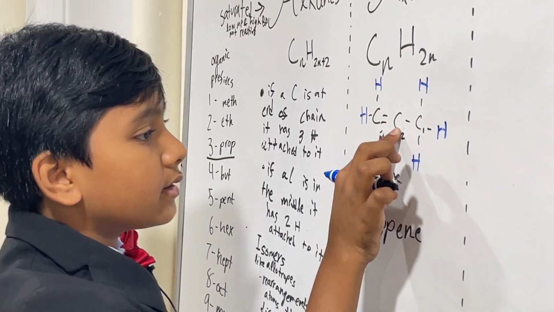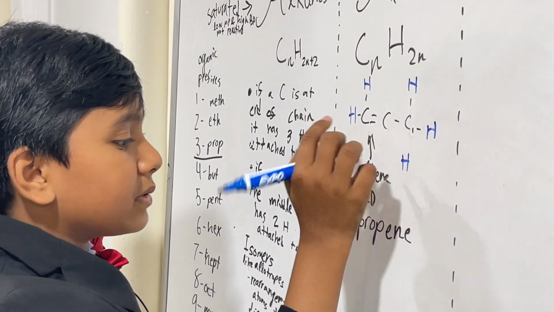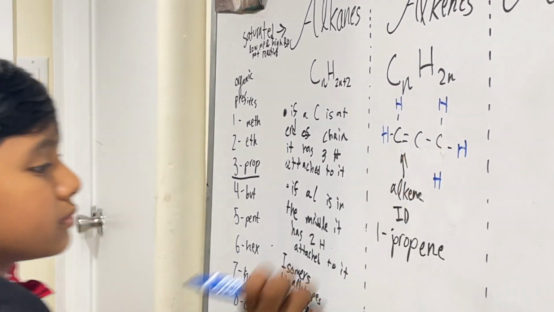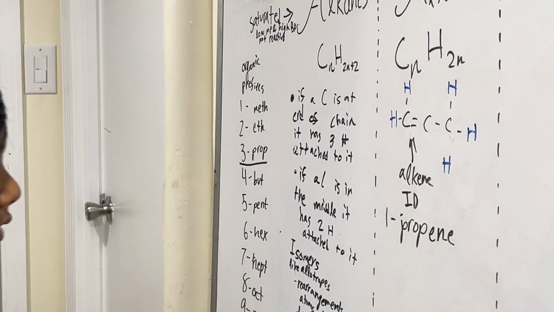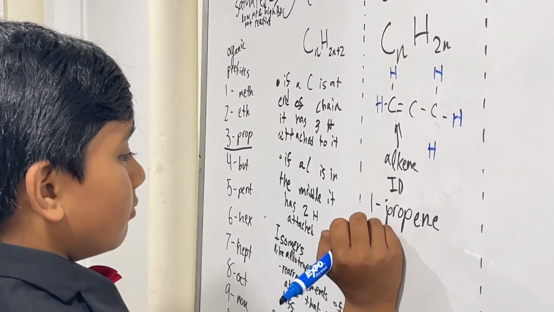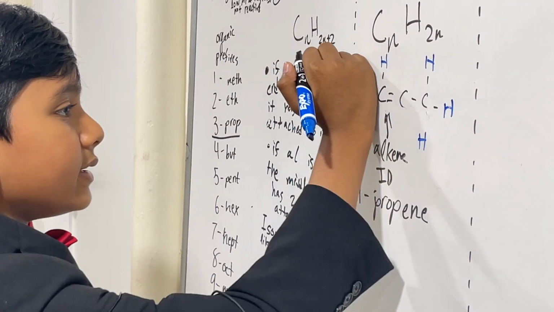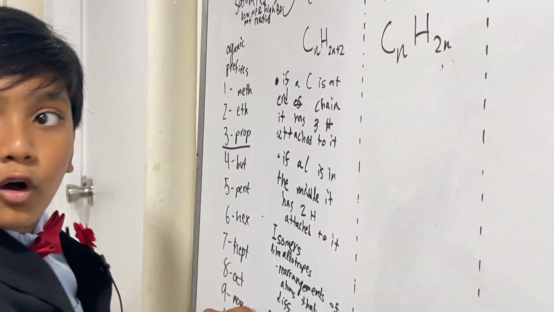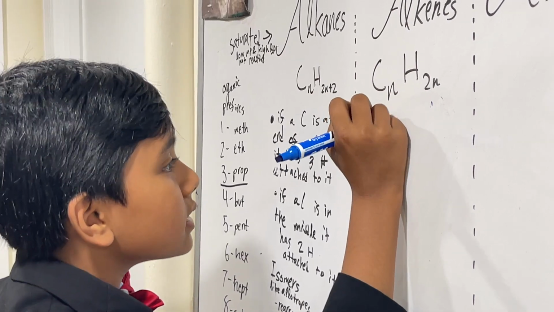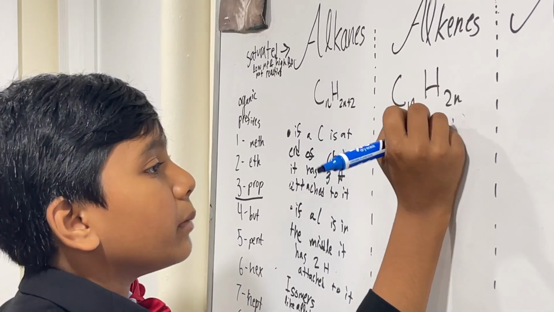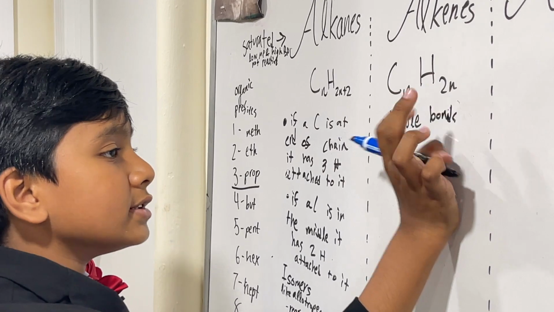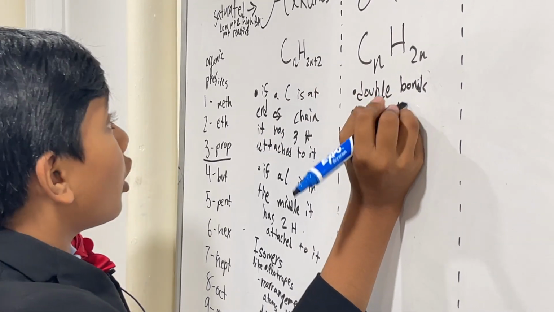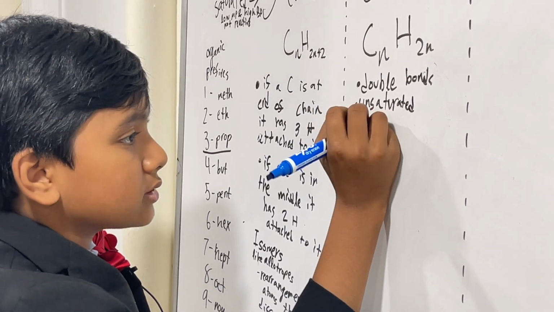So that means that this is simply 1-propene. Now, let's see what we know so far. We know that alkenes have double bonds, so that means they're unsaturated, and they are more reactive as a result.